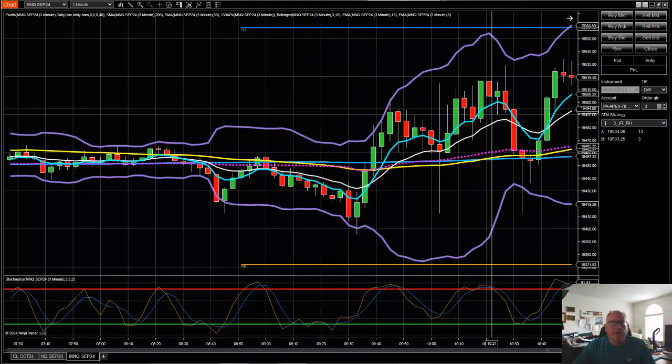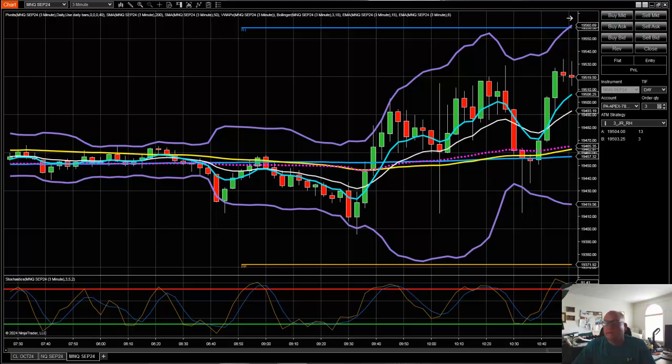This is what I'm calling the FU bar. So if you look at it, let's just get the box around it. It's this specific bar right there, and it's a 3 minute bar.